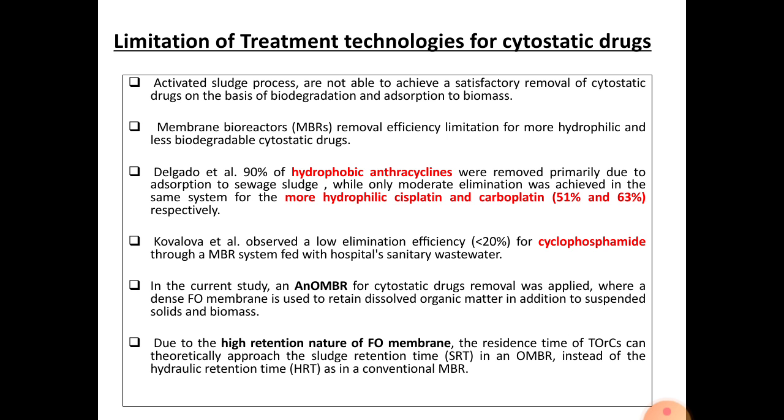So the previous studies have demonstrated that the conventional wastewater treatment processes like the activated sludge process were not able to achieve satisfactory removal of cytostatic drugs on the basis of biodegradation and adsorption to the biomass. Because of these limitations, membrane bioreactors have been applied as an alternate technology for removing cytostatic drugs.